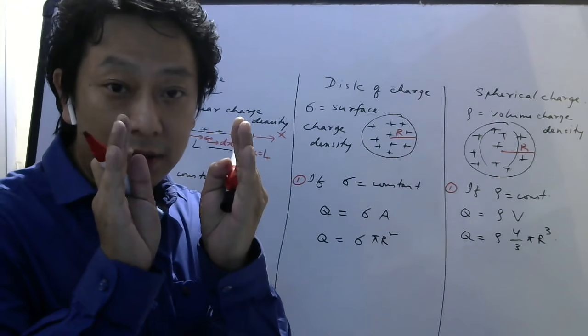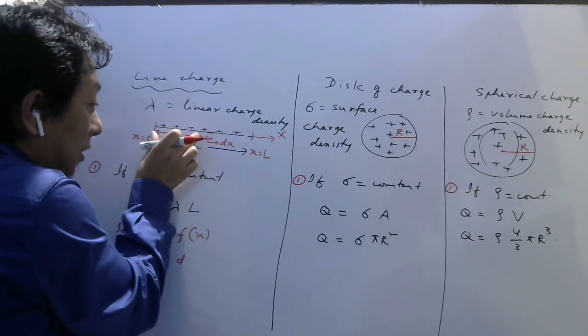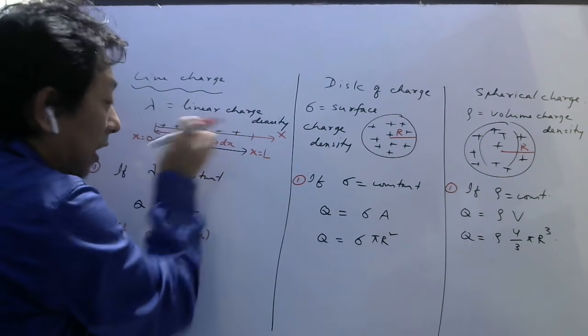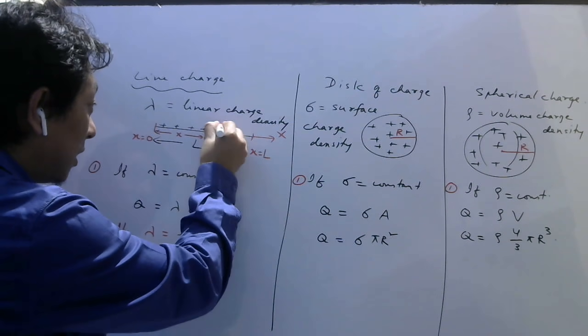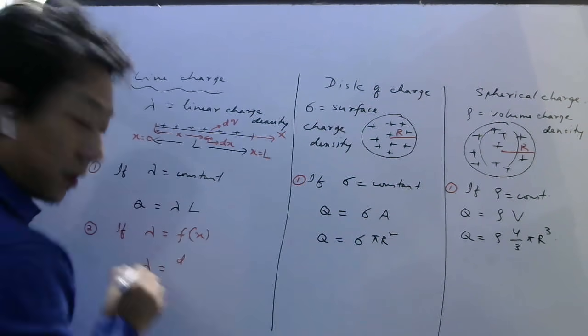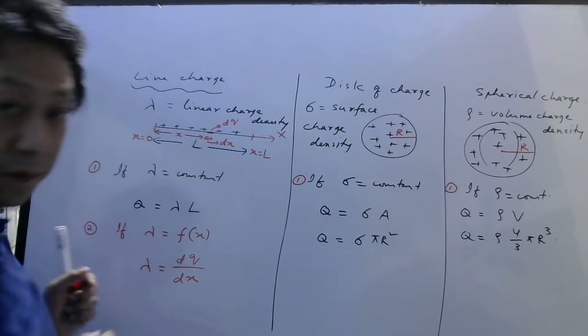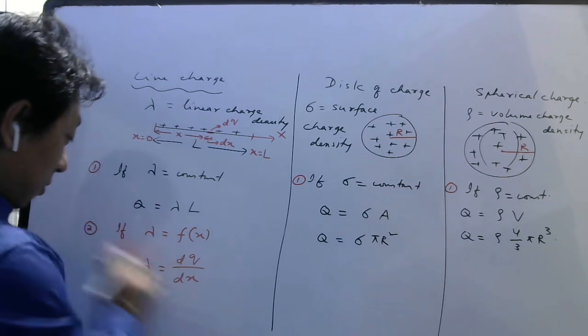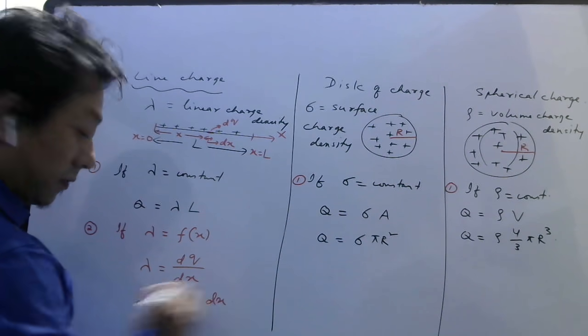If this is x, this small distance we write as dx. Then the charge on it, let us say, is dq, so lambda is dq by dx. Understood or not? Then you cross multiply, dq will be lambda into dx.